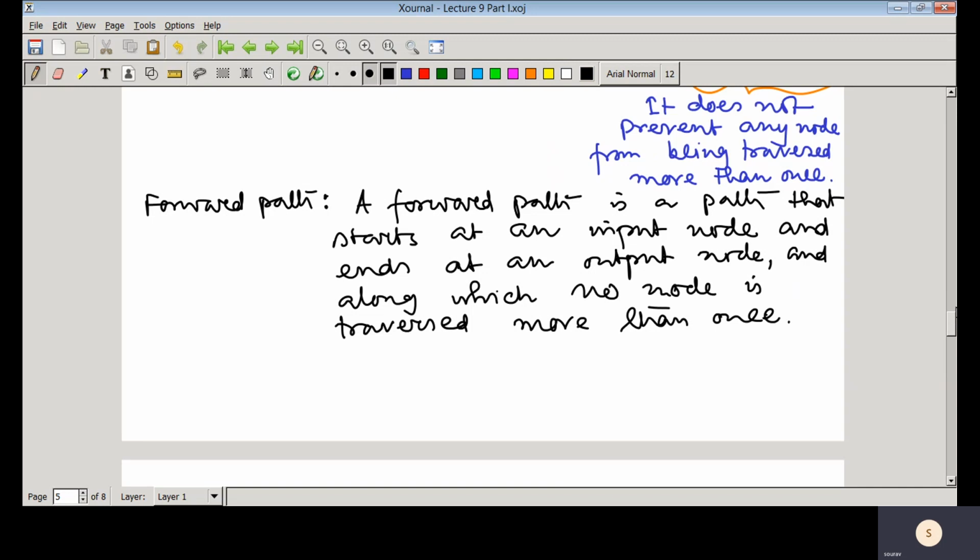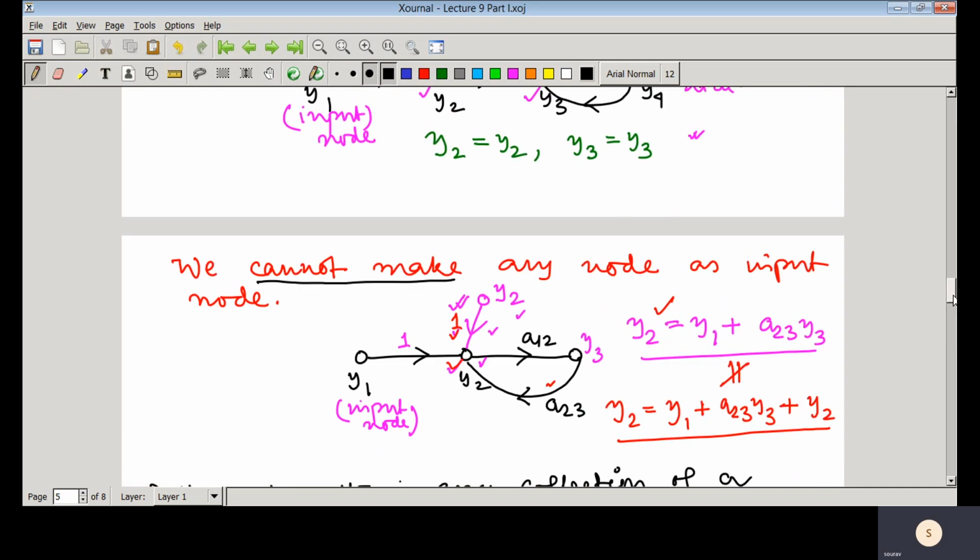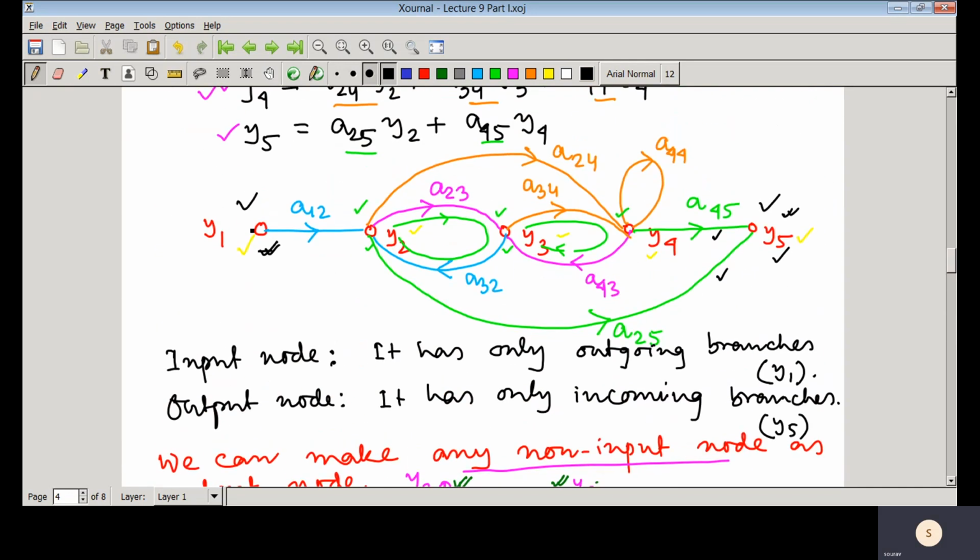Let us see in this particular example what we have. You can see that this is the input node and this is the output node. One forward path is y1, y2, y5. You can see this is that path, this one, and that one.